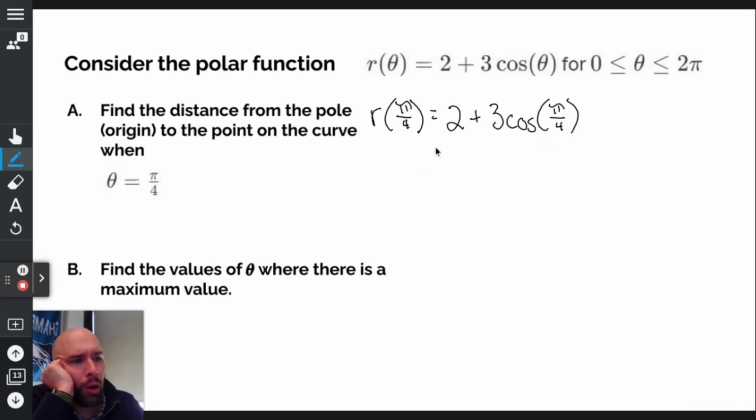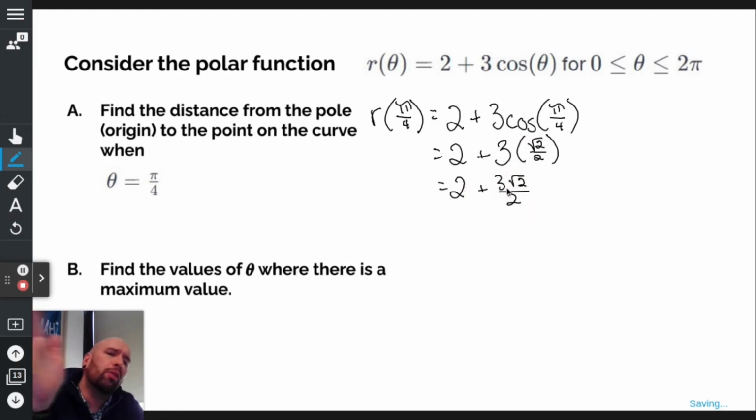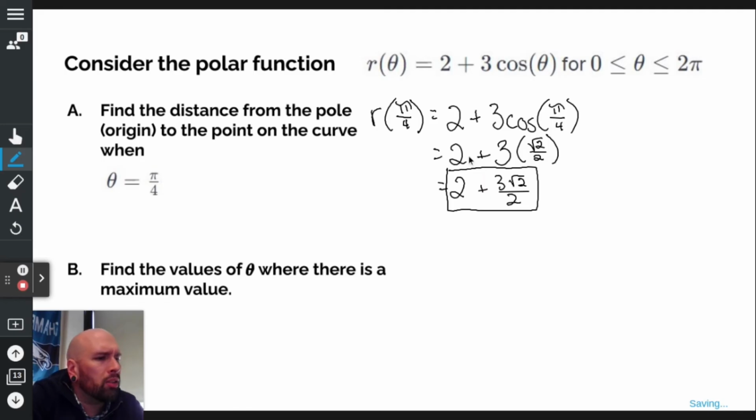Cosine pi over 4 is root 2 over 2, so 2 plus 3 times root 2 over 2. I'm going to leave it like that. There's zero reason why I need to combine that into one term.